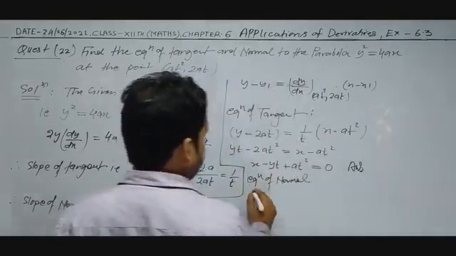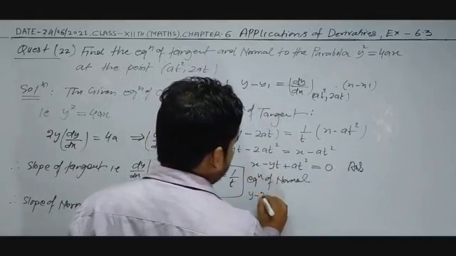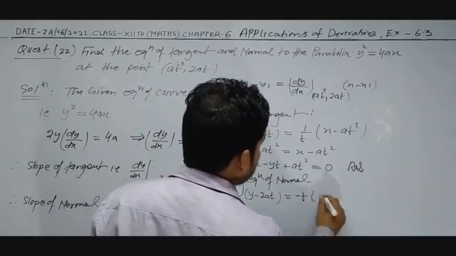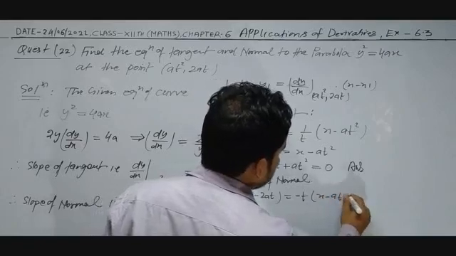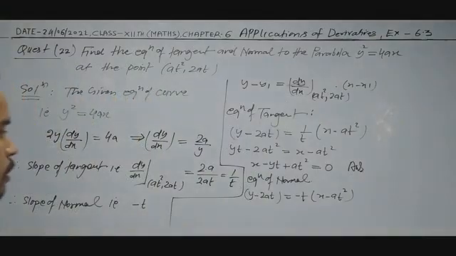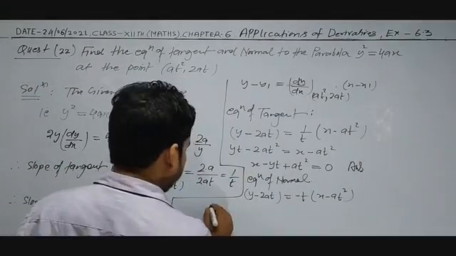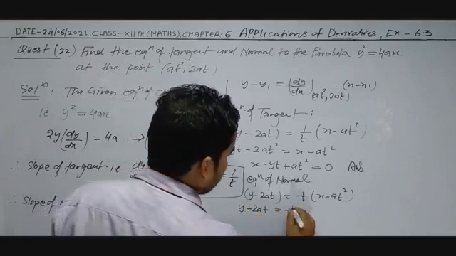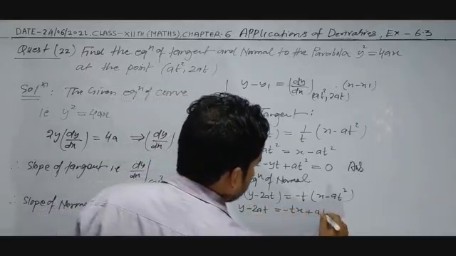In the equation of normal, only the slope will change, meaning y minus 2at is equal to minus t in bracket x minus at square. What will you get as the result? Result will be y minus 2at is equal to minus tx plus at cube.